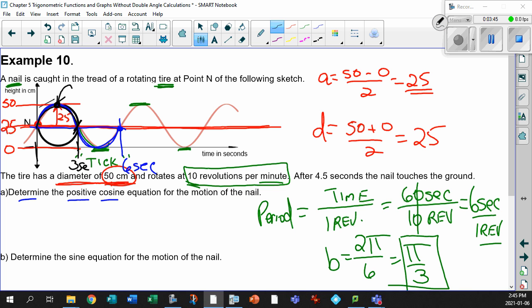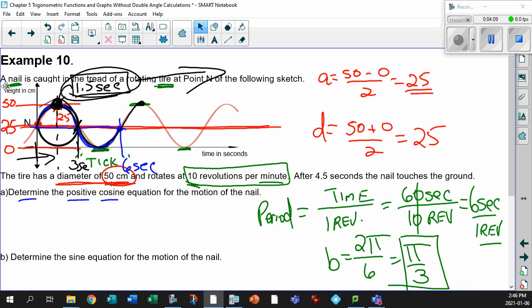Half of 3 seconds, right smack in the middle. So it's 1.5 seconds for it to revolve that nail to the top. Guess what? There's where your cosine function is going to start, because cosine function is from top to top, right? Okay, so now we got everything. We even got the shift, and the shift being 1.5 seconds to the right.